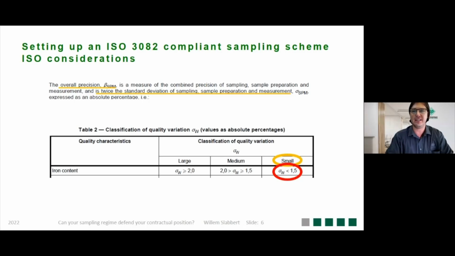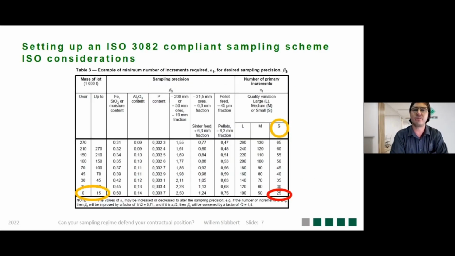It is twice the standard deviation of all these processes. We know from our design case study that we are dealing with small quality variation from our process. In other words, the sigma W is less than 1.5 for this beneficiated or washed iron ore.